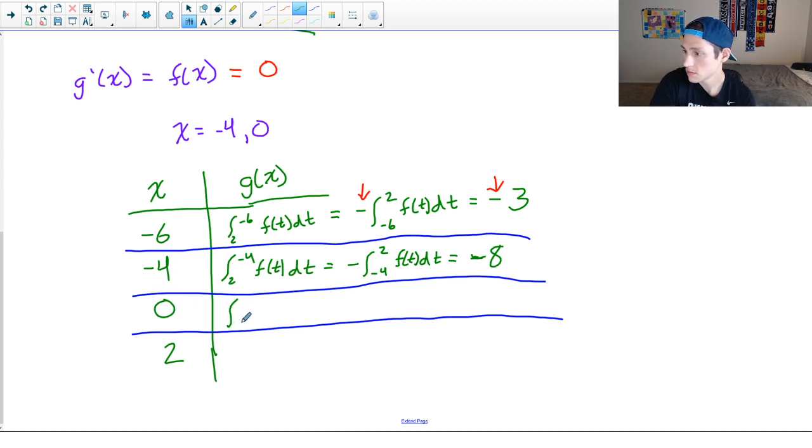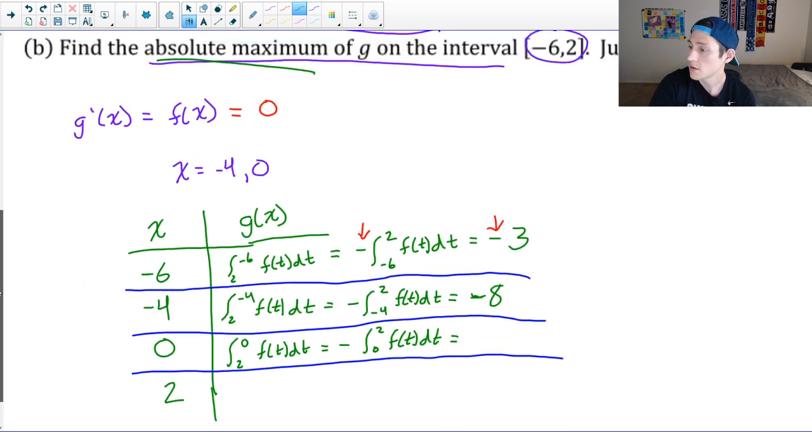Zero. All right, so from 2 to 0, f of t dt. We're going to swap the bounds, so it goes 0 to 2. So the area from 0 to 2.